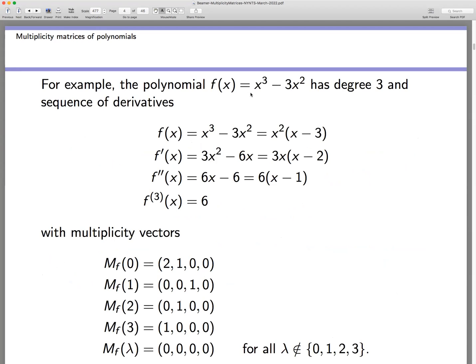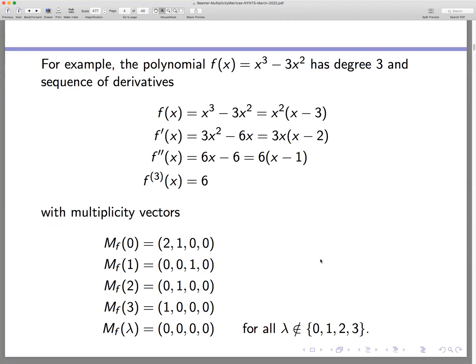So for example, if you take this cubic polynomial, here are the derivatives, and what are the multiplicity vectors? If you let lambda equal 0, 0 is a root of f of multiplicity 2, of f prime of multiplicity 1. It's not a root of the second or third derivative, so its multiplicity is 0. So the multiplicity vector for 0 is 2, 1, 0, 0.